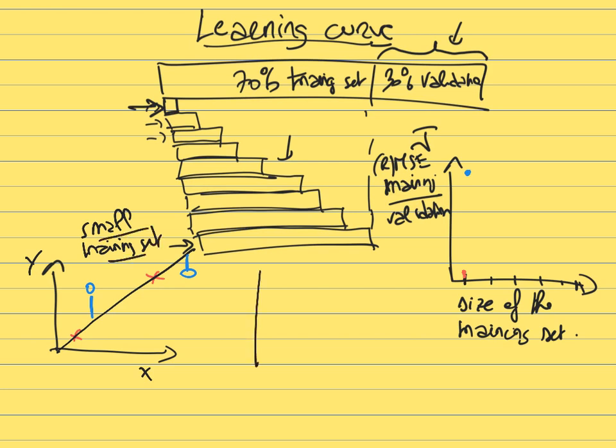Then when you have a larger training set, so now you increase the size of the training set. The validation set has not changed, so you still have those two blue points here, but now in addition to having only the two training examples, you start to have more training examples like this.